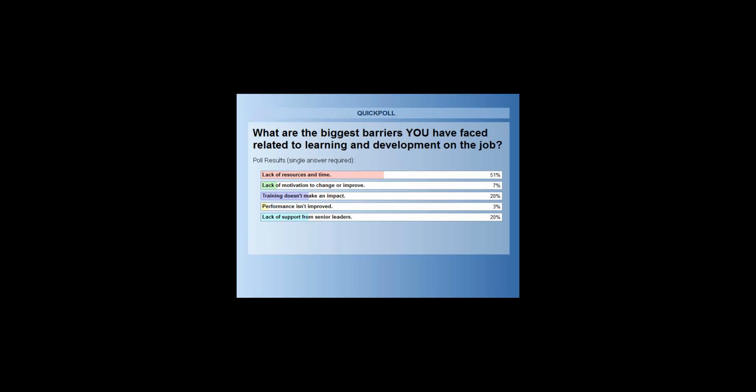So it looks like we've got 51% say lack of resources and time, 20% said training doesn't make an impact, 20% said lack of support from senior leaders, 7% lack of motivation, and then 3% performance isn't improved. Interesting, isn't it? The lack of resources and time is kind of a persistent theme that we hear in webinars across a wide range of topics.